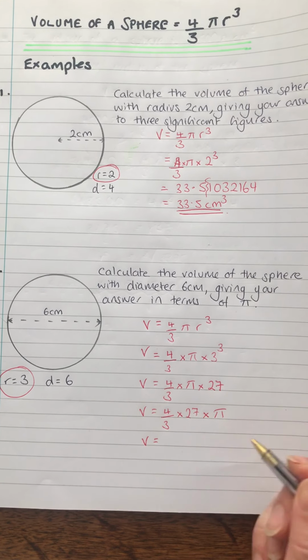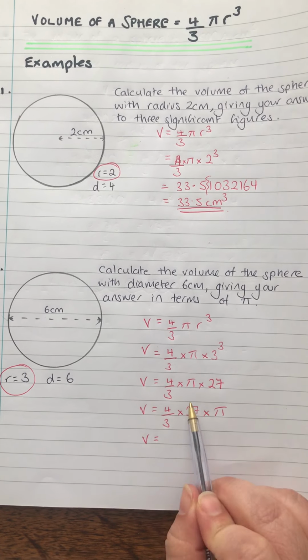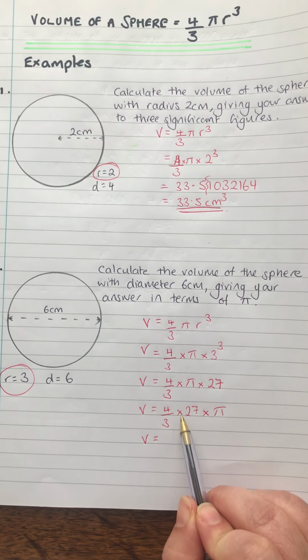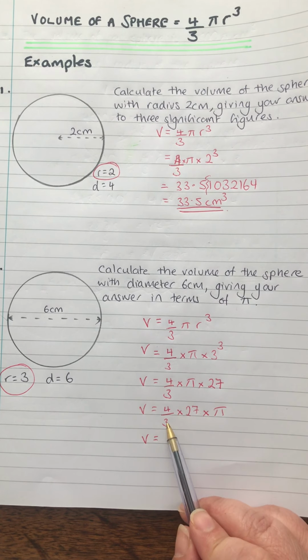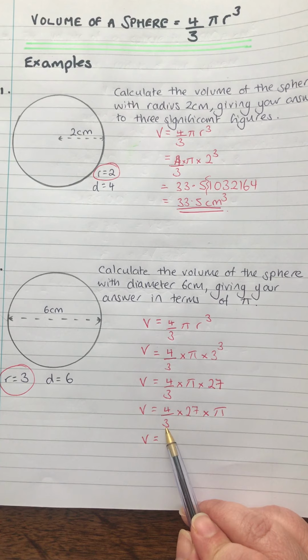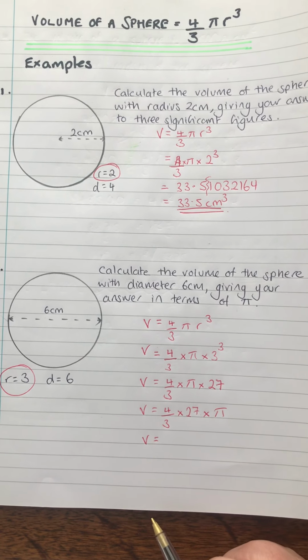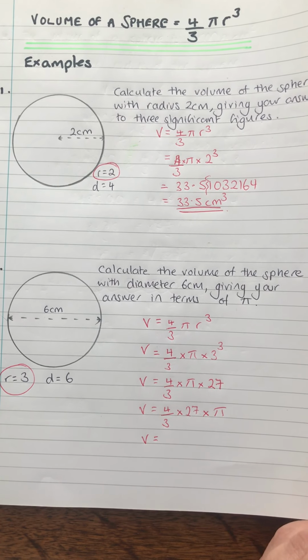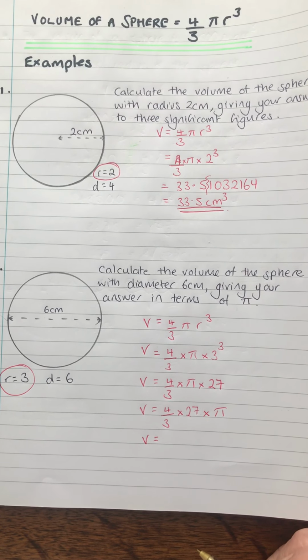And if we think back to when we found a fraction of a quantity, this is what this looks like. We're looking for 4/3 of 27, where we divide by the bottom. So 27 divided by 3 is 9, and we times by the top. 9 times 4 is 36.